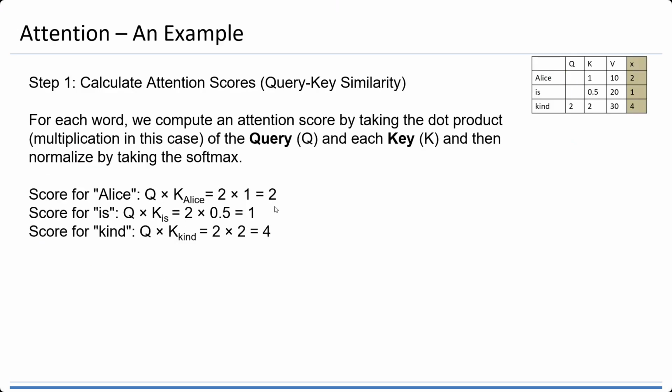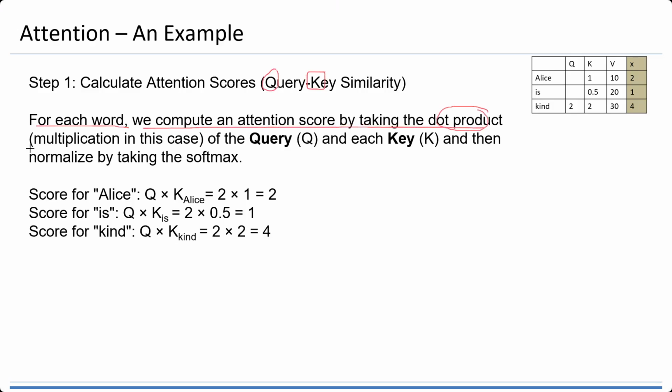Next, we need to calculate the attention score. The attention score means we want to multiply the Q and K. For each word, we compute the attention score by taking the dot product.